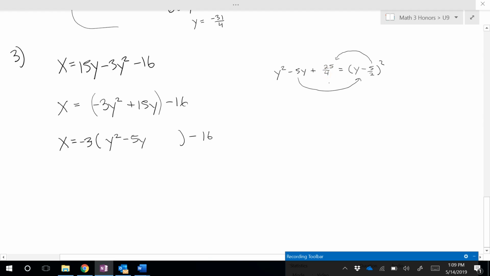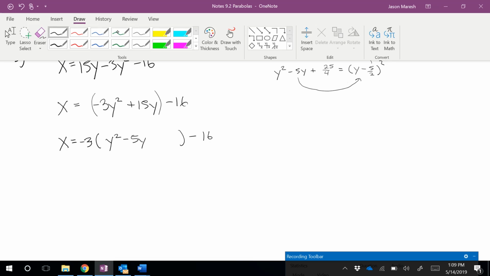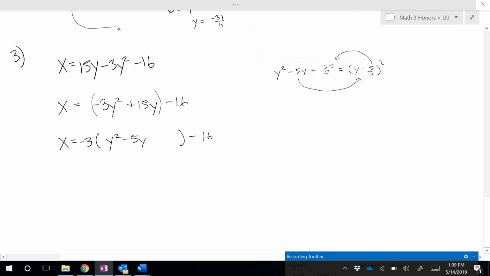So 25 over 4 is what I need to add to this piece so that it would factor to a perfect square. You guys have done this before, right? It's been a while. Add 25 over 4.